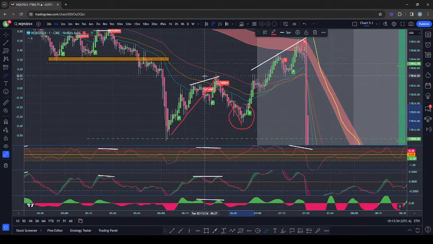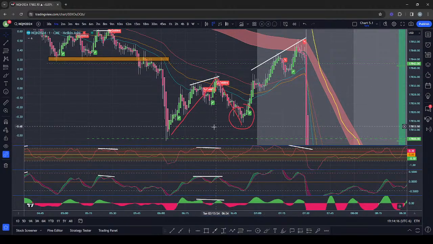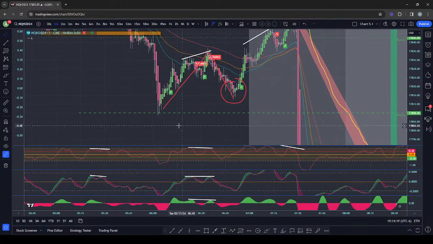Some people like to take an entry above the swing high, once price breaks this area right here, and then you can gain your points that way. For me, I would like to see if I can find some sort of hidden bullish divergence.